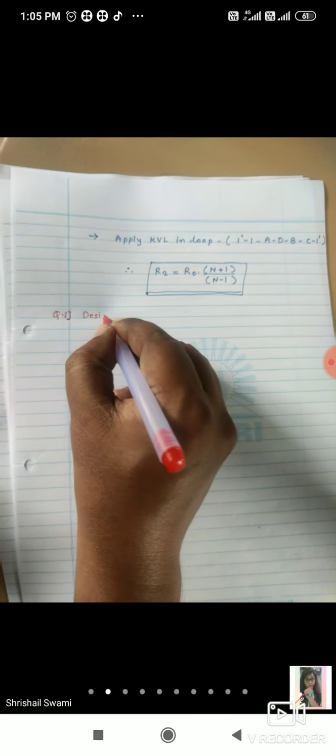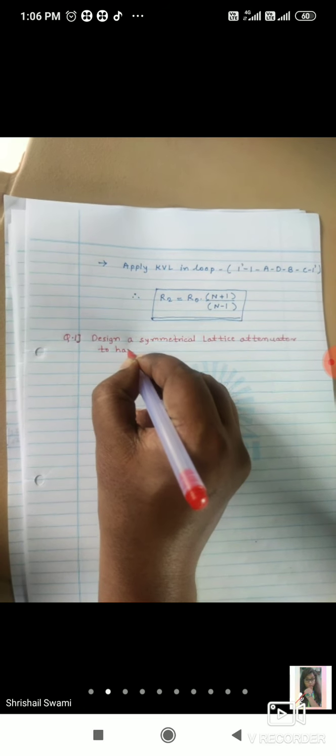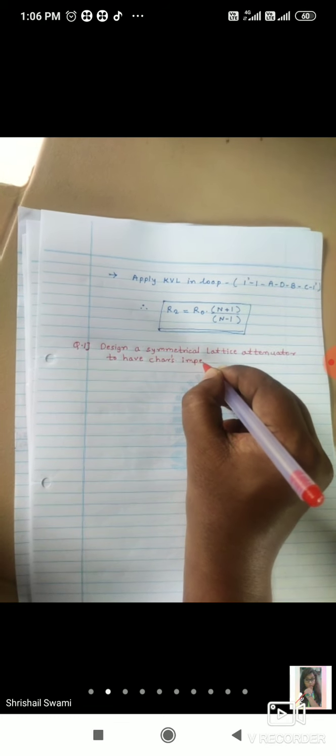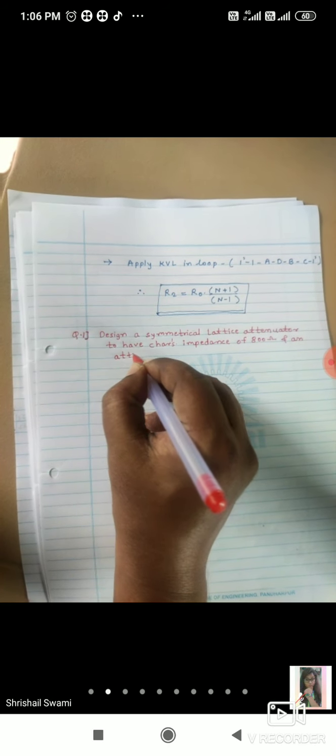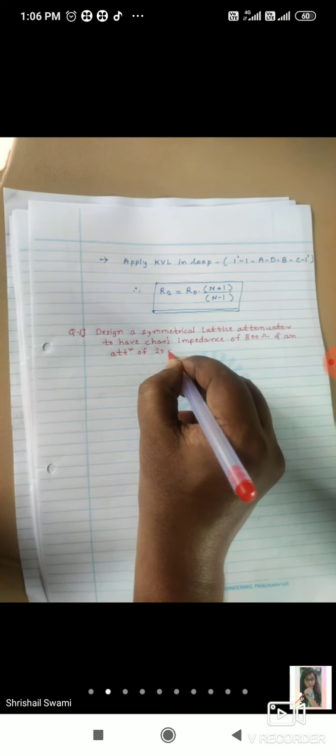So, design a symmetrical lattice attenuator to have a characteristic impedance of 800 ohm and an attenuation of 20 dB.